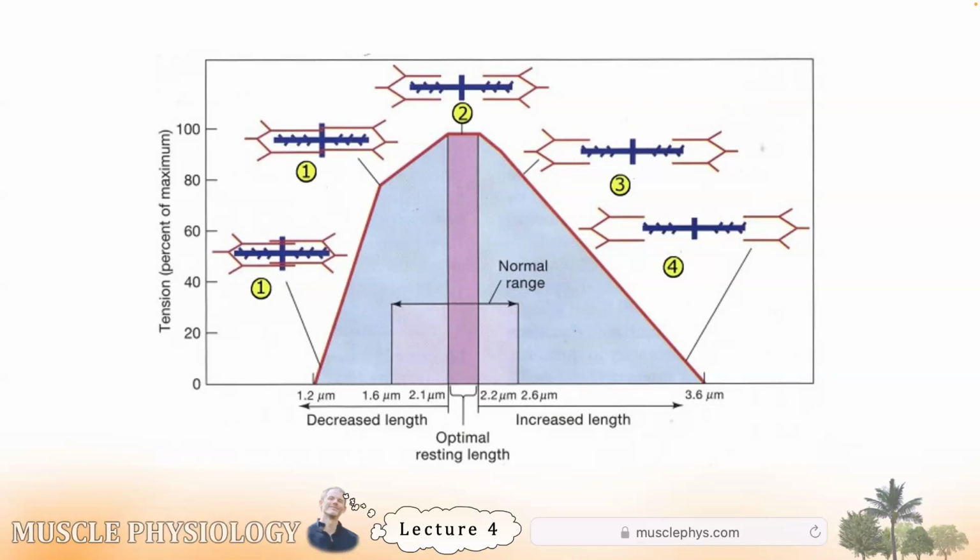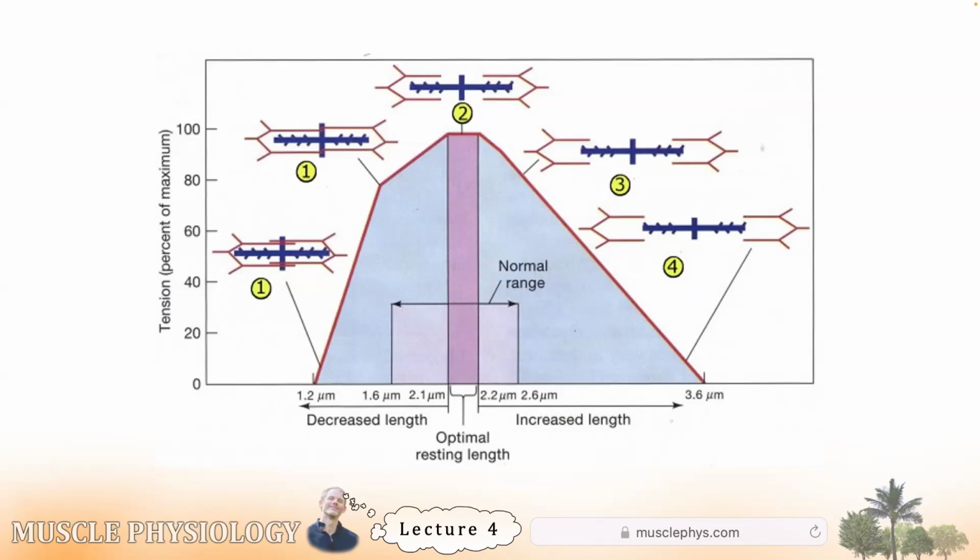You'll have basically eliminated the H zone. And again, there will be a reduction in the number of total actin myosin bonds that can be formed. When the sarcomere is in the neutral position, in the middle of your range of motion, that's when you can produce the most active force, because that's where you can generate the most cross bridges.